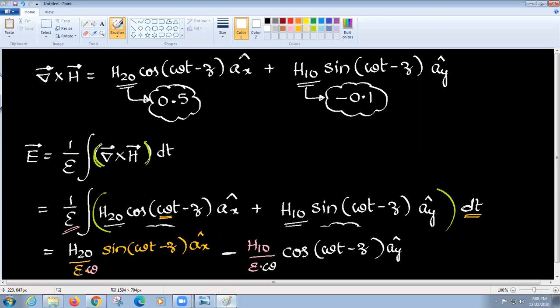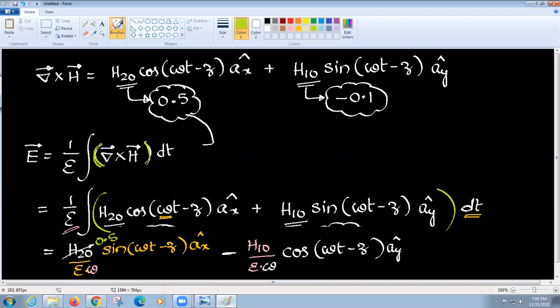E is equal to, what did you get? Just plug in H20 equal to 0.5, and epsilon, which is epsilon naught epsilon r. Epsilon naught, you know, is 1/(36π) × 10^−9 farad per meter, or 8.854 × 10^−12 farad per meter.